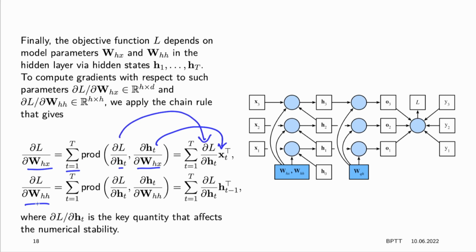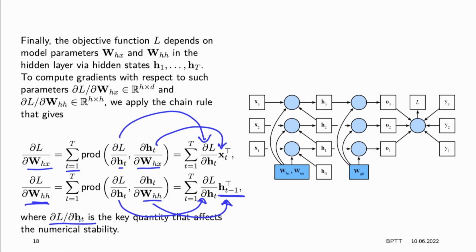Similarly, for the gradient of the weights of the hiddens, this is the sum from little t equals 1 through capital T of the product of ∂L/∂H_t with ∂H_t/∂W_HH. Again, as H_t is linearly computed as a linear function of the hidden state at the last time point, H_{t-1}, we get back the vector H_{t-1} transpose and this gradient here.